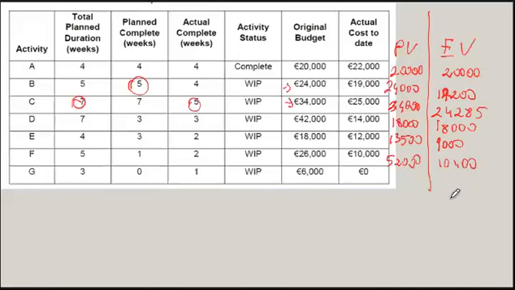Okay, so now we have the earned value. And for the calculations, I need to sum the budget, the planned value and the earned value. So I'll do it for the planned value first.